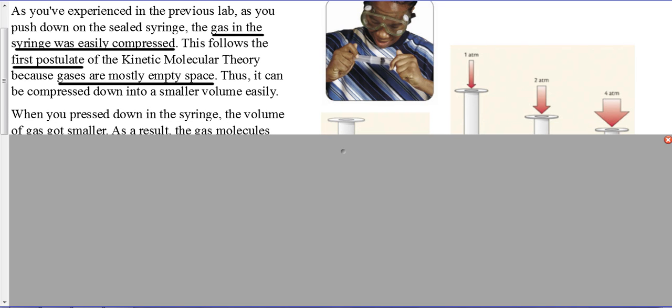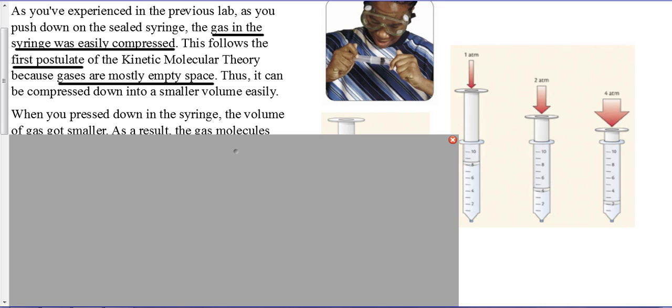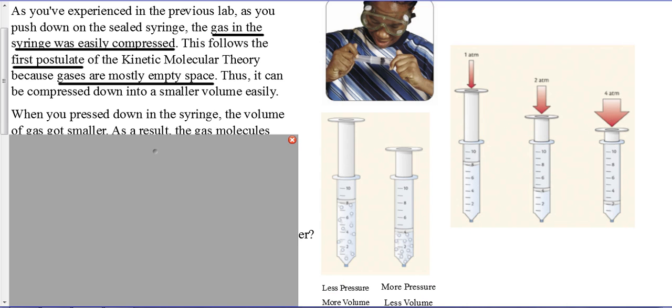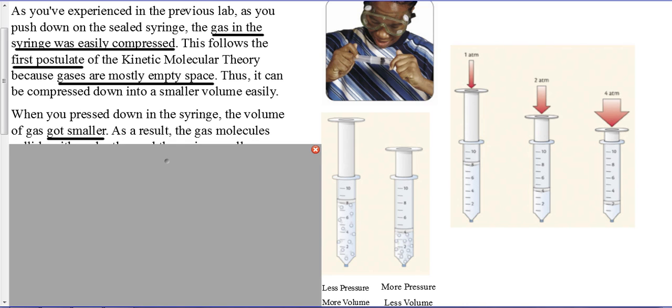But as a result of this property of gases, we can compress that gas down into a smaller volume. So what happens when we do that? When we press down on the syringe, as you see in the picture on the right here, let me pull it over for a sec. You notice that when you press down, the gas gets smaller, right?